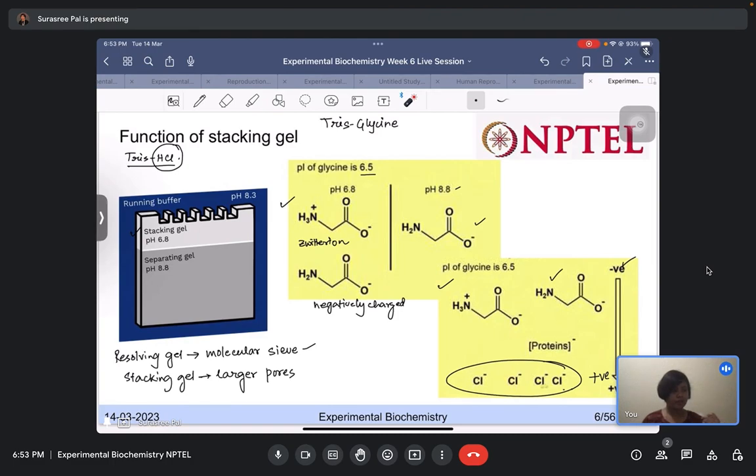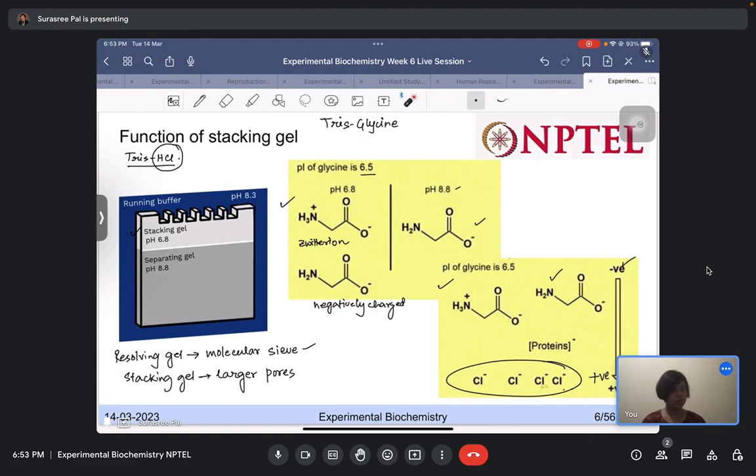Now because of this voltage difference and this formation of resistance, the protein ions are now ionized and start to move. And once the protein ions start to move, a sandwich is formed between the chloride front, which is at the front, and the glycine ions.